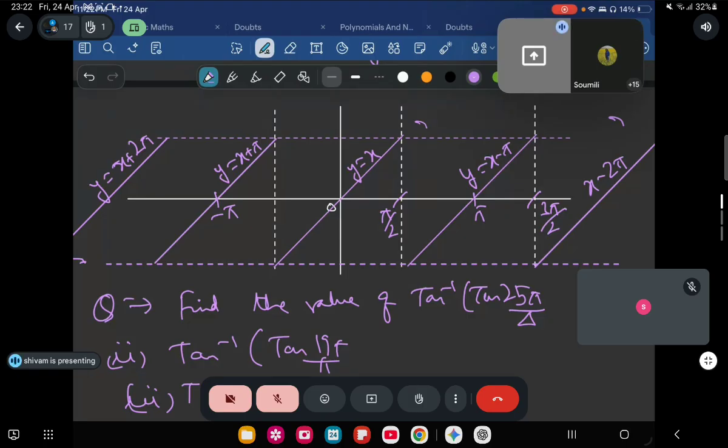No, you are making some mistake. You just had to identify the branches. Okay, so everyone pay attention. Tan inverse tan 3. Where will it lie? 3 means 3 radians.